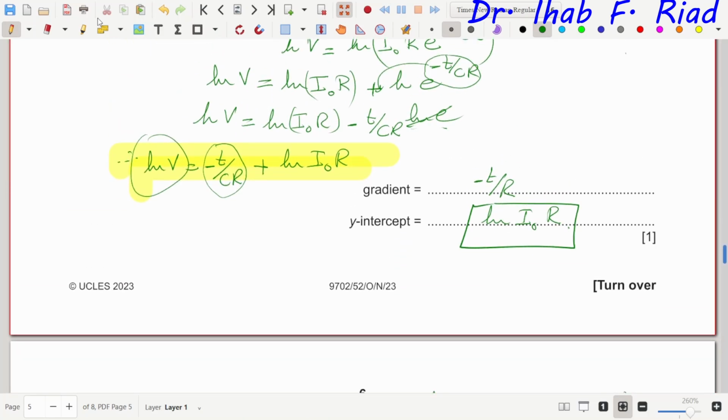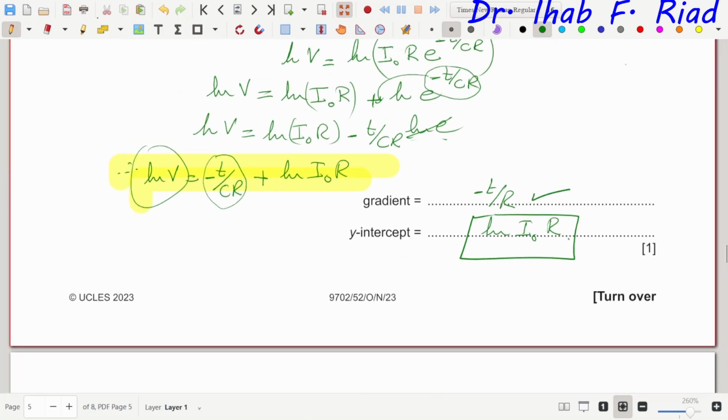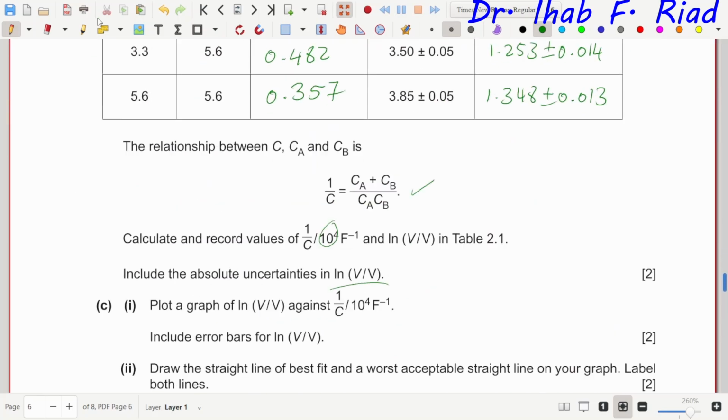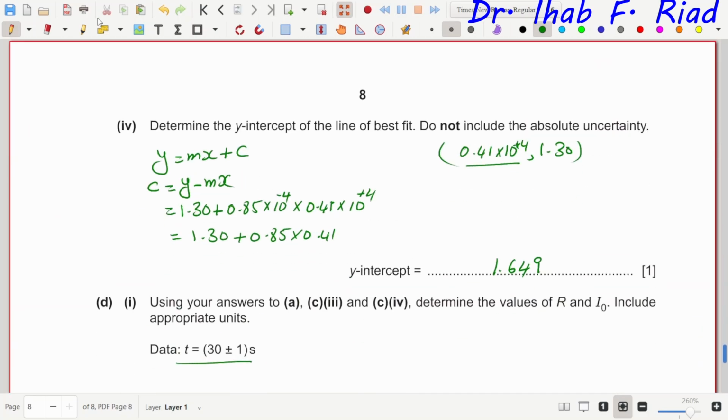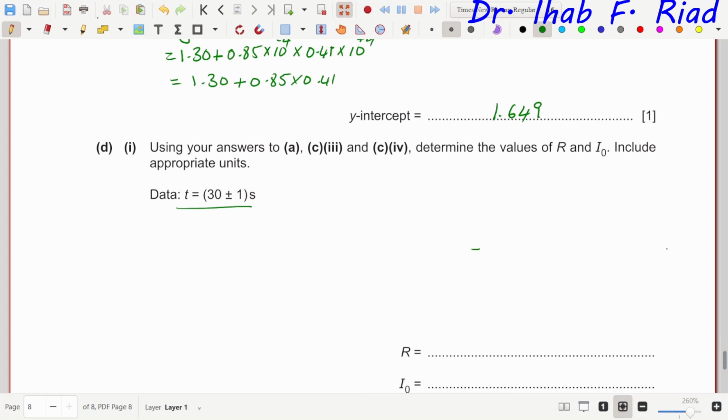We remember that the gradient is minus T over R and the intercept is ln I naught R. So the gradient is equal to minus T over R. Therefore, R is equal to minus T divided by the gradient.